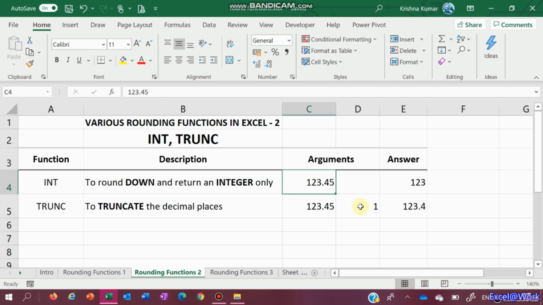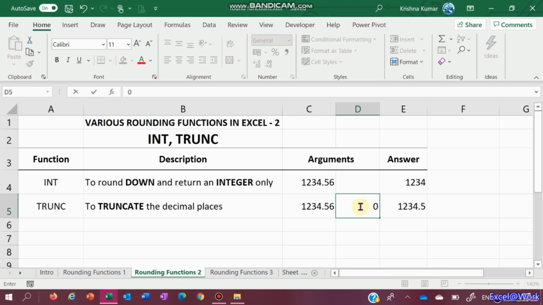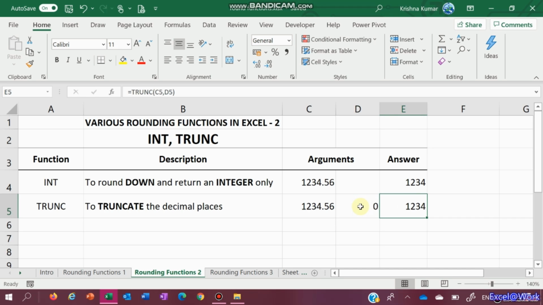Let's use an even bigger number, 1234.56. The difference now is that this round downs it to 1234, while this chops off the decimal places. If you make this 0 again, this will still stay 1, 2, 3, 4. What happens when the number is negative?